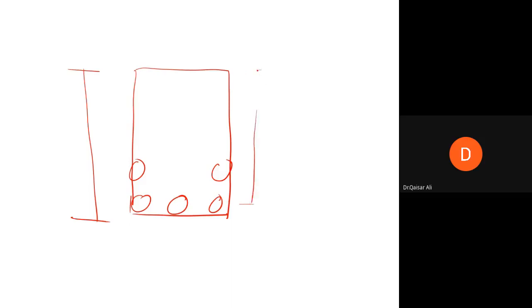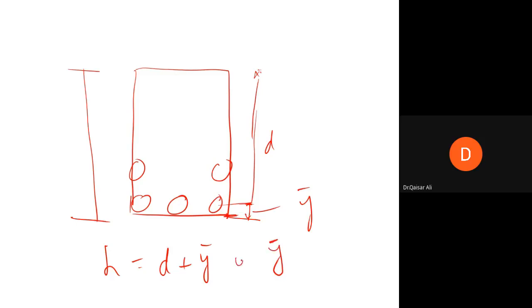This distance from the bottom of the beam to the centroid of the steel is called y bar, and total h is equal to d plus y bar. Correct? So in the beginning, we do not know the diameter of the bar. We do not know the total area of steel. We just assume some effective depth d, and usually we say that let's say y bar is 2.5 inch.